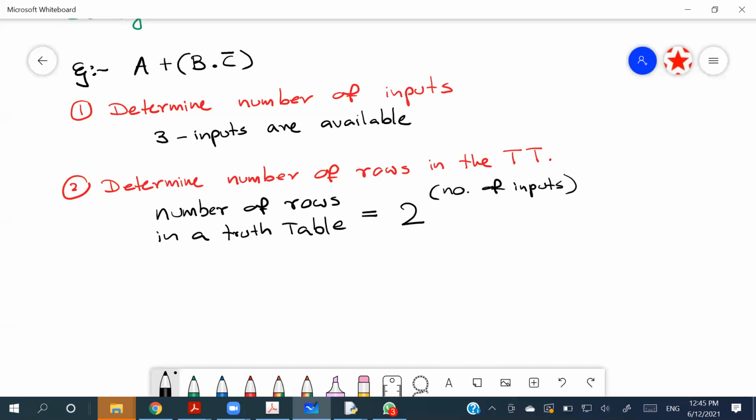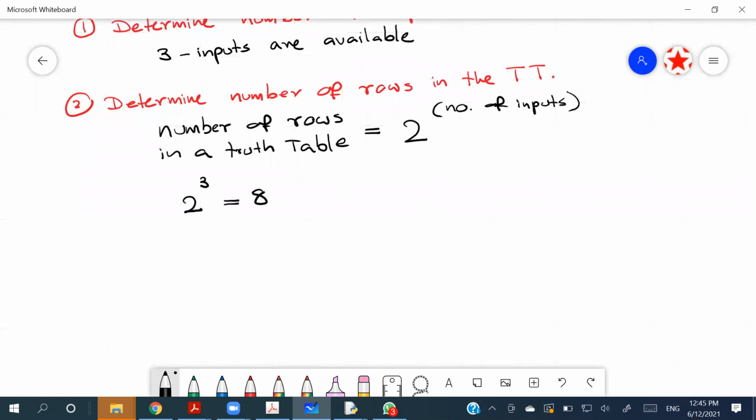So in this case, we got 2 to the power 3, which means 8 rows will be there. So for those 8 rows, there will be 8 different combinations, right?